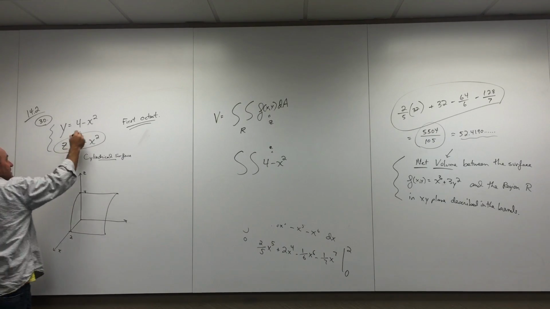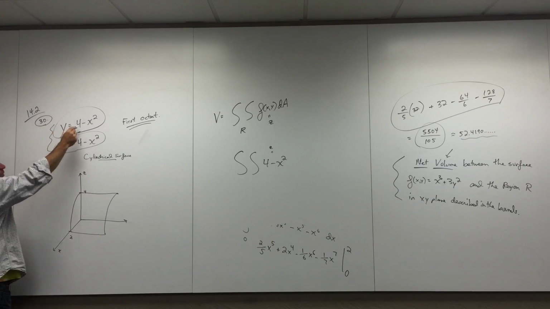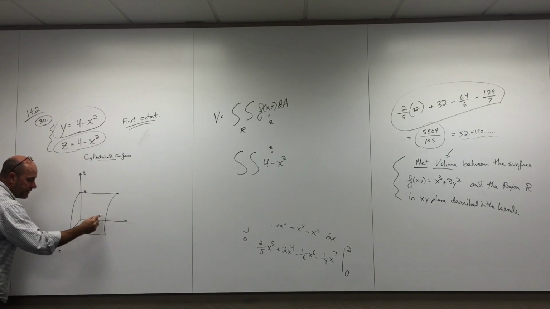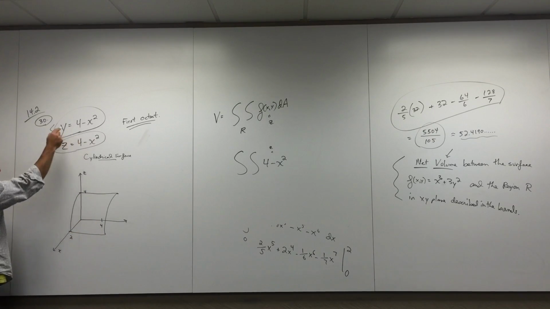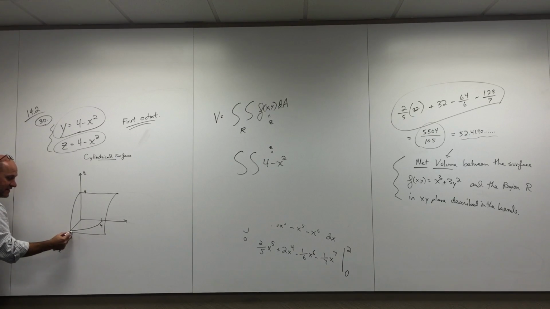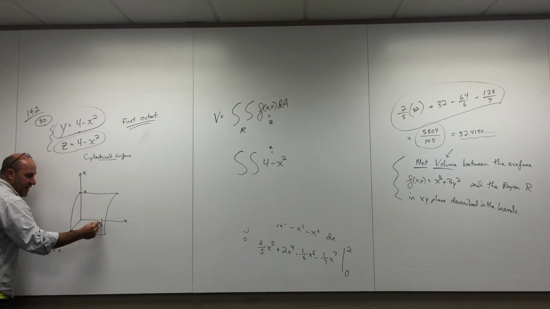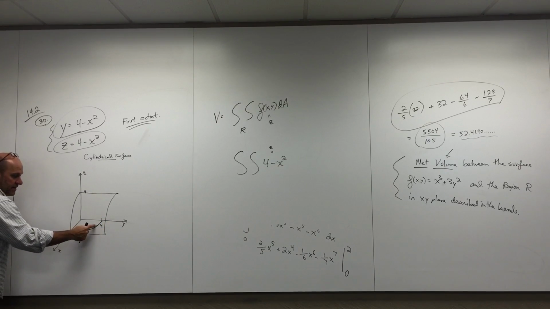Maybe I should sketch this other thing. This other thing is also a cylindrical surface, but it's missing z. It hits the y-axis at 4 and the x-axis at 2, I'm pretty sure. See, this is this parabola, you guys. Look at this. This is this parabola sitting here in the y-x plane.